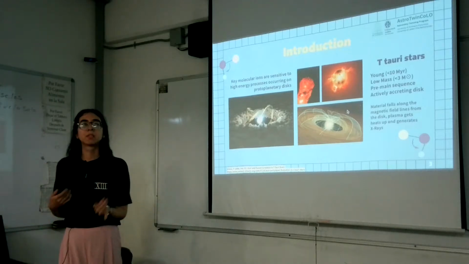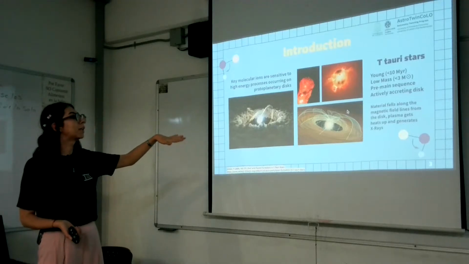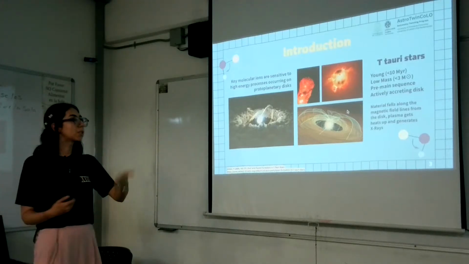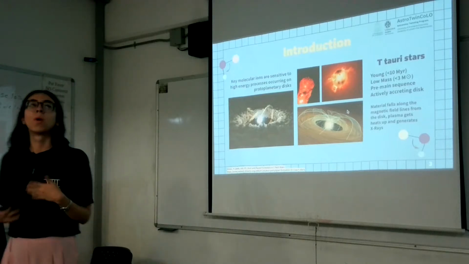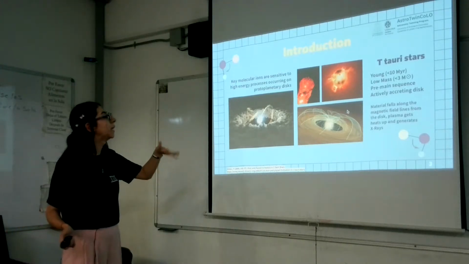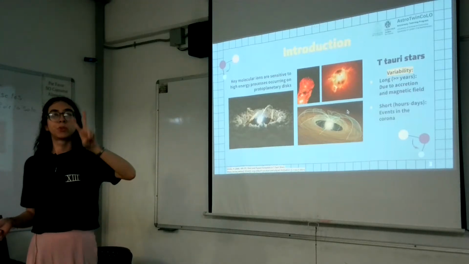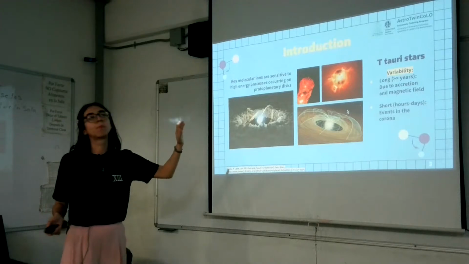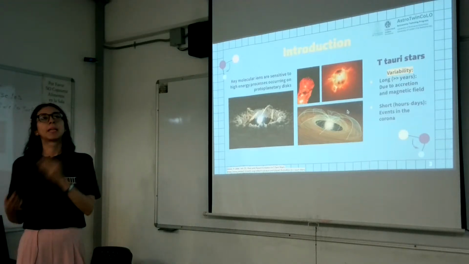So what happens for the X-ray production is that the material falls along the magnetic field lines from the disk into the star, and then the plasma gets very heated up. When this happens, the X-rays are emitted. So this variability on these stars can be of two kinds. The first one is a long-term variability, which is due to accretion and the magnetic field.